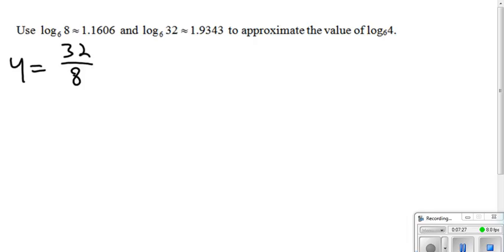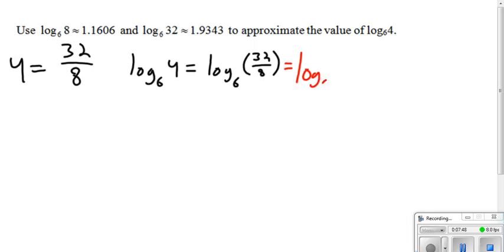So, naturally, the log base 6 of 4 would be the same as saying the log base 6 of 32 divided by 8. And we know that log base 6 of 32 over 8 is the same as saying log base 6 of 32 minus log base 6 of 8. So we've broken it down even further.